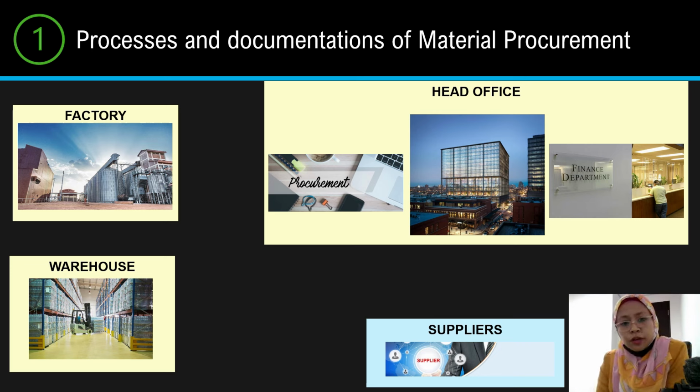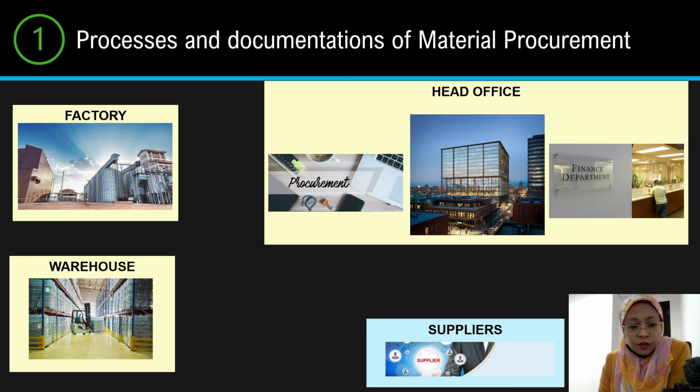Right. If you look at the slide here, we have a factory. Factory is where the production takes place. So this is where the products are produced and the raw material is transferred from a warehouse and used for manufacturing purposes.